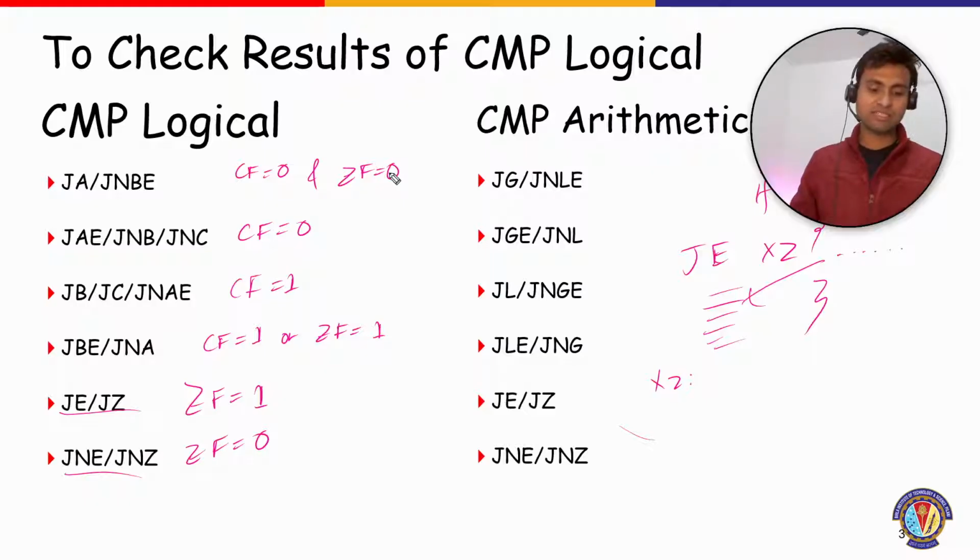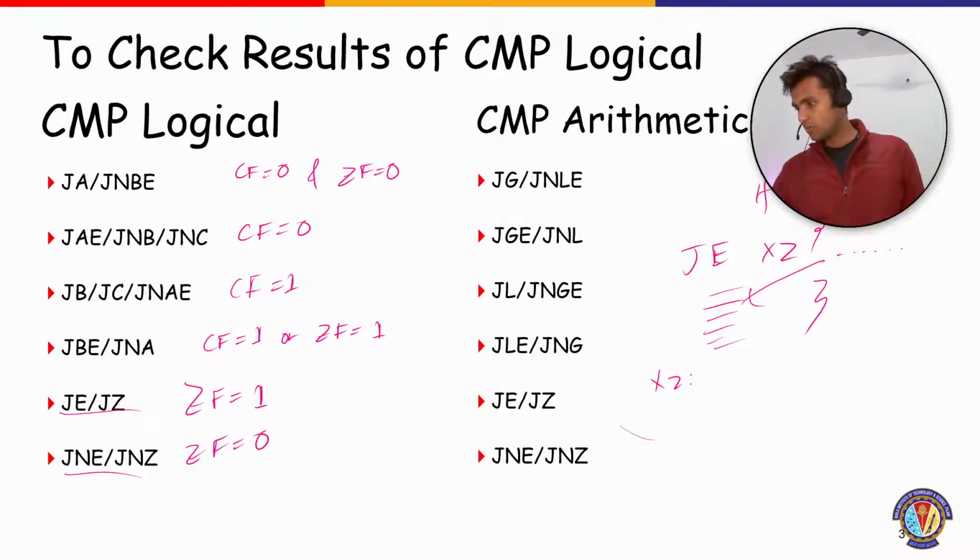If cx is greater than bx, as we saw in the last slide, then carry flag and zero flag both will be 0. If it is below or equal to, then it will be carry flag equal to 1 or zero flag equal to 1, either of these. If it is below, obviously carry flag 1. If it is above or equal to, then carry flag equal to 0. Just think through this, and there might be some modifications also. This is just a very straightforward approach.